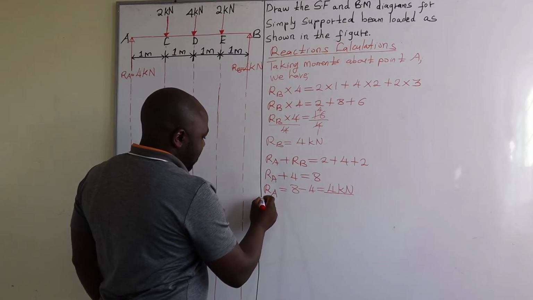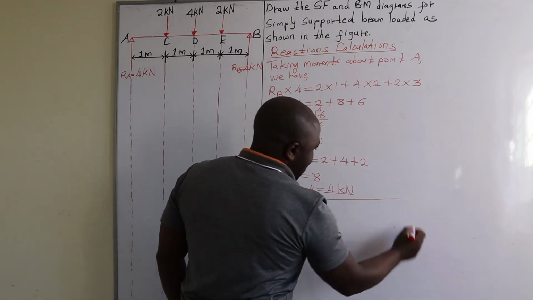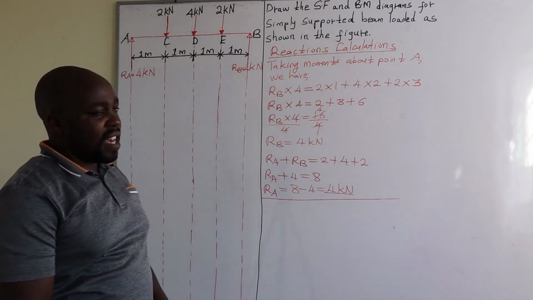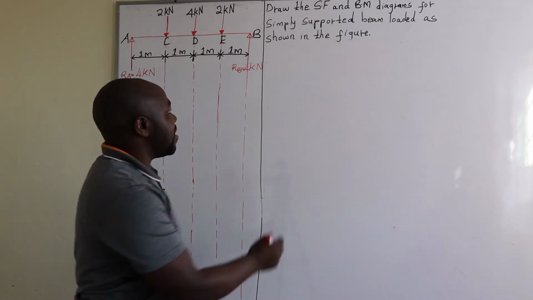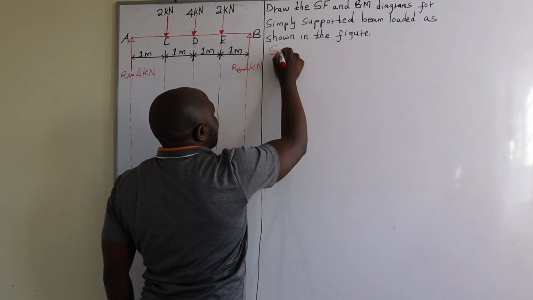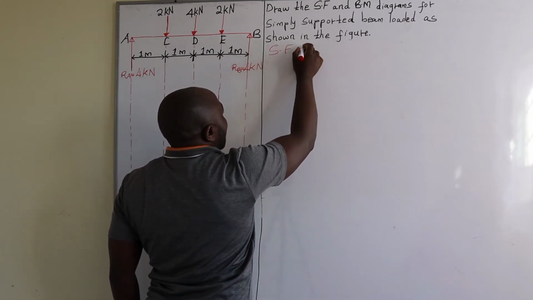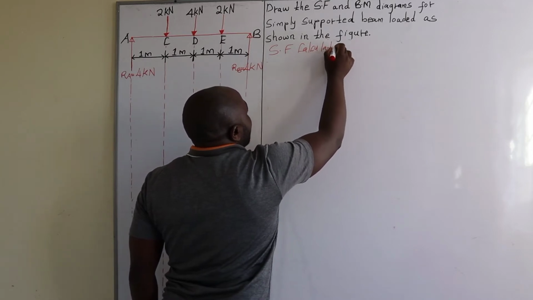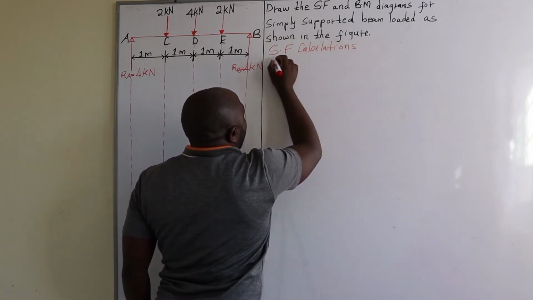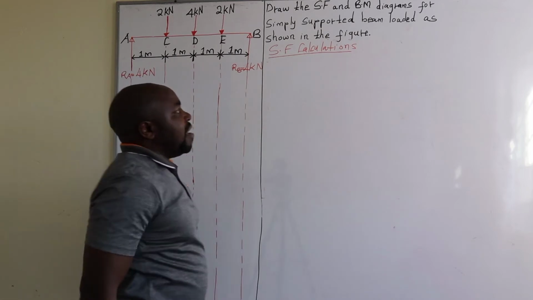Then from there, our next thing will be calculating the shear forces. Shear force calculations. So the next thing is determining the shear forces at each and every point on our beam. Good.